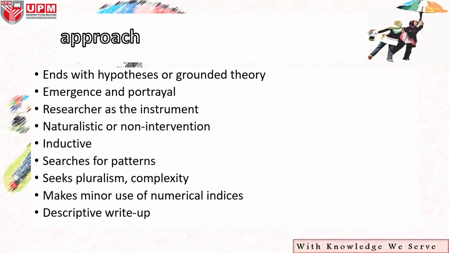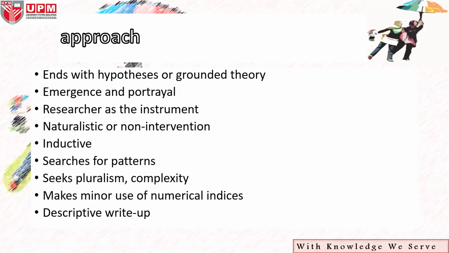Okay, approach. So the qualitative approach may end with hypothesis or grounded theory. It can be the basis for the next quantitative study, or at the end of the qualitative study, you may propose a new grounded theory, a new theory.